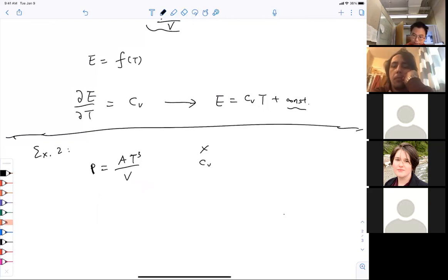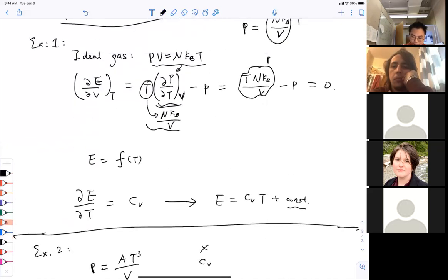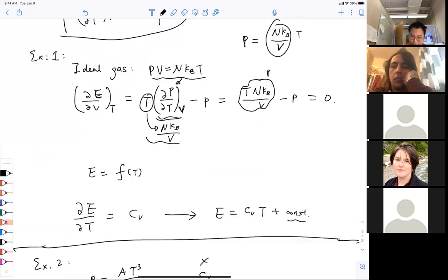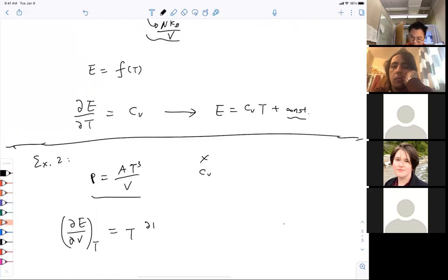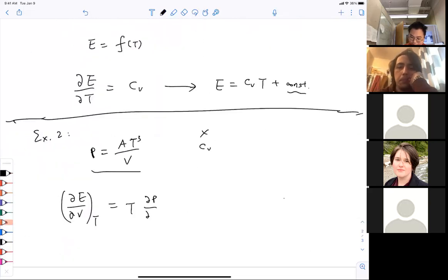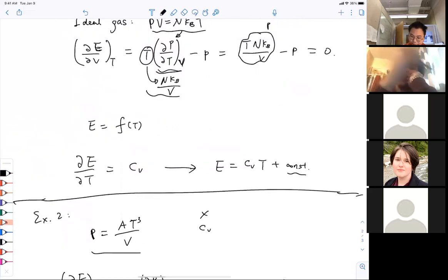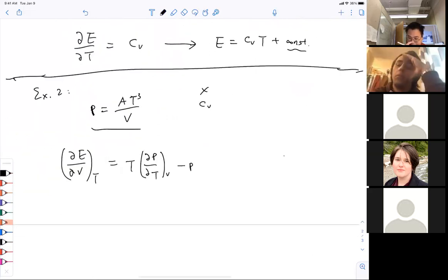Okay, so for this, let's write down partial E partial V at fixed T, just making sure I didn't make any mistake. This is T partial P partial T at fixed V, minus P. Similarly, we fix V, meaning V is a constant, when we take this partial derivative.